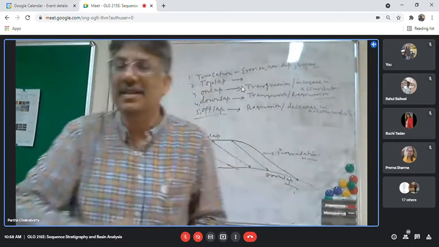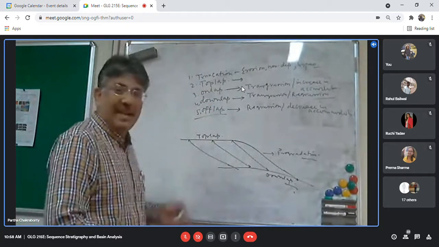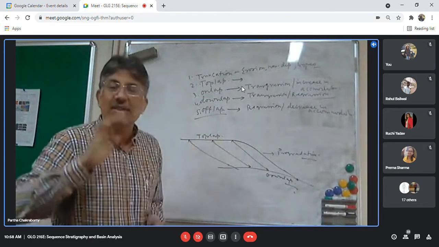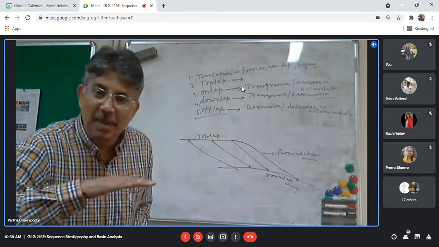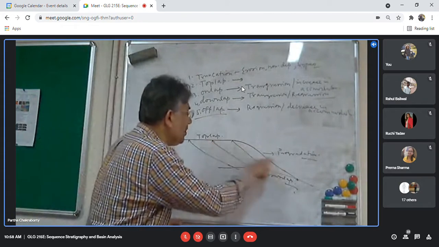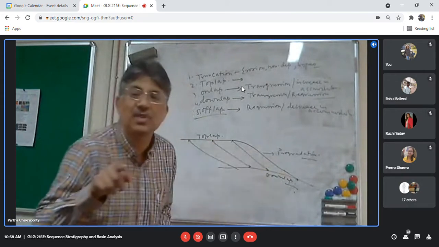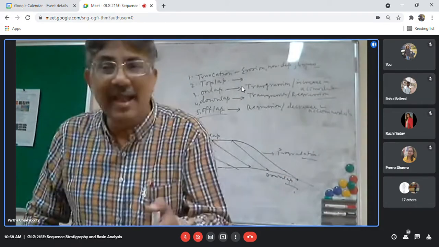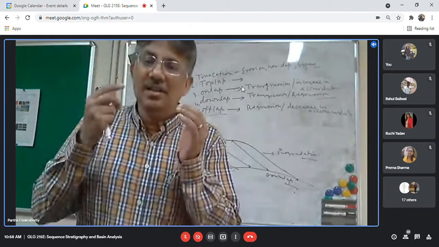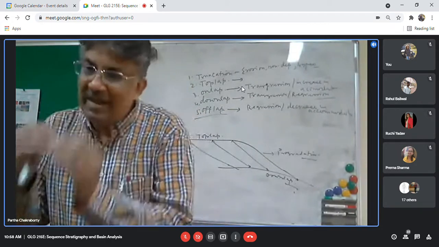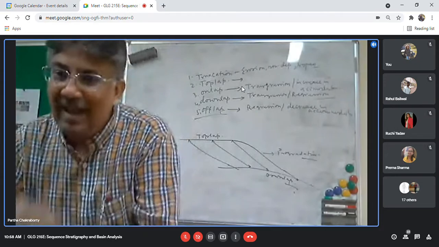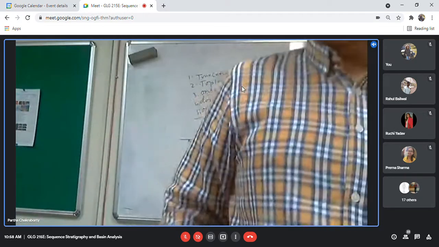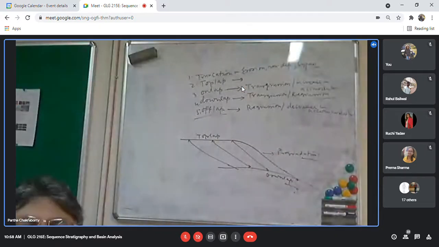In normal regression, in that case, the entire shallow marine strata will be bypassed, and the sediment will be deposited in the frontal part in terms of progradation. But there is no aggradation because the relative sea level rise is exactly balancing the sediment supply. Am I clear? Is it getting clear to you?